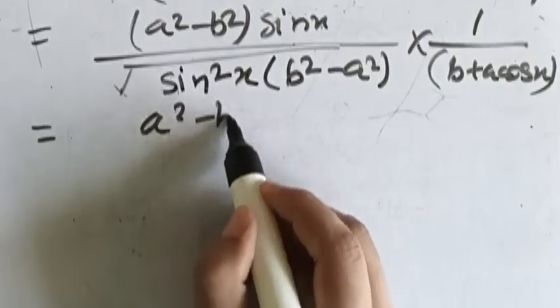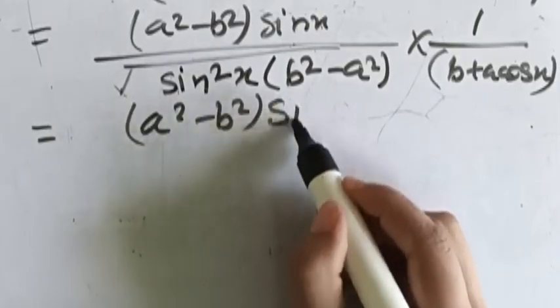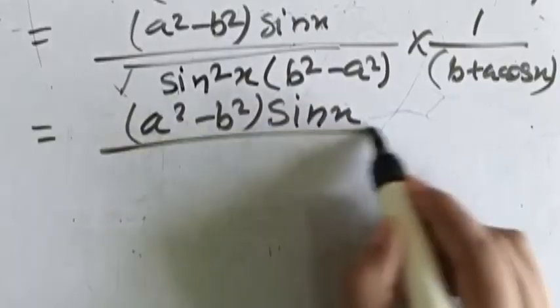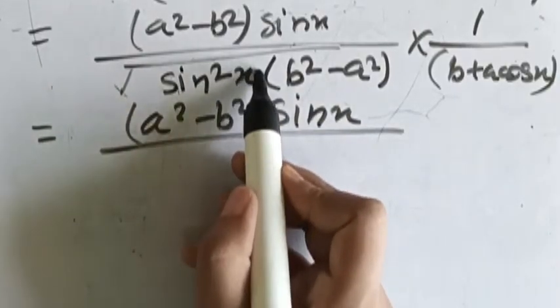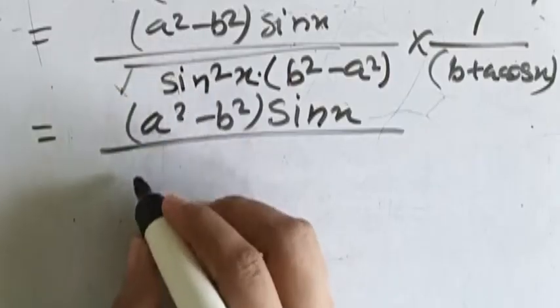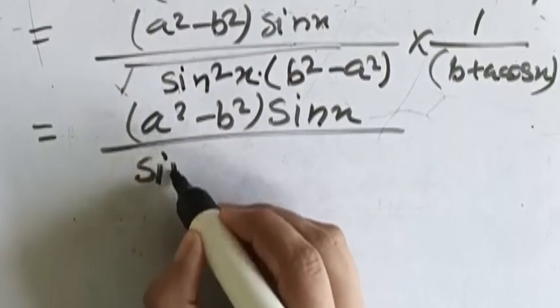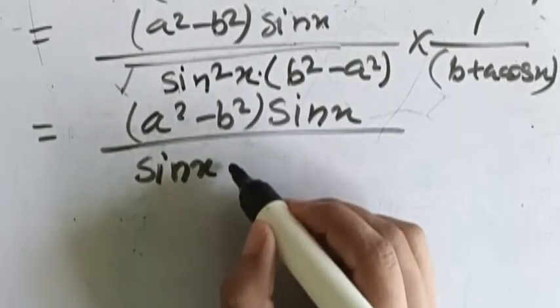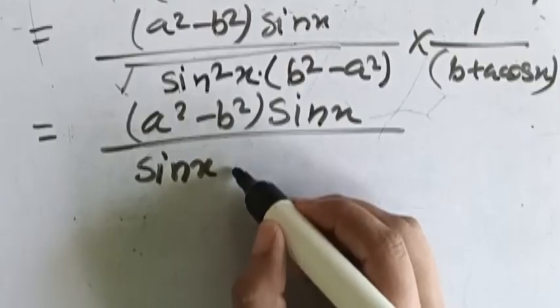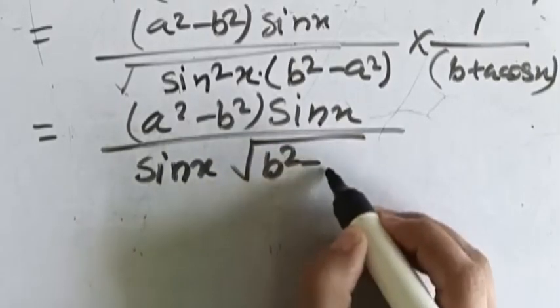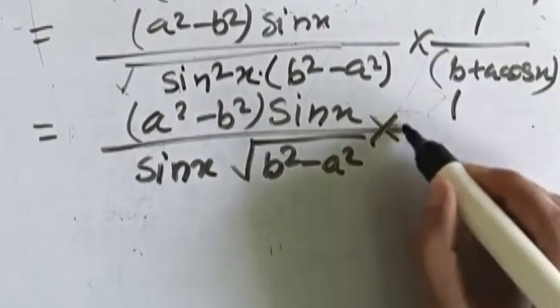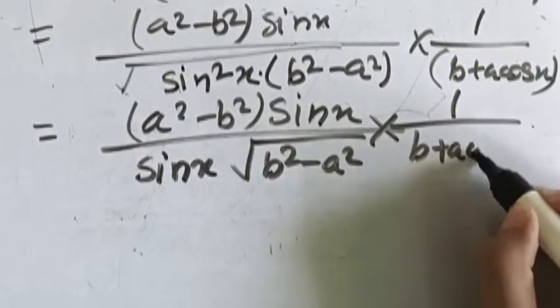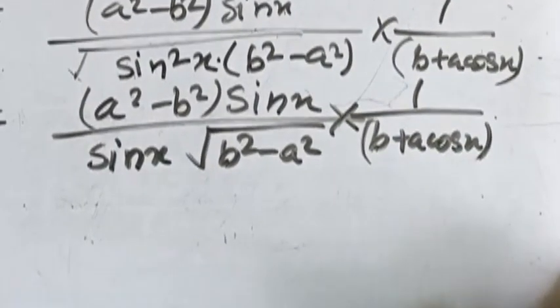Here look, sin square x is in multiplication, so it will get out of the root, so it will become sin x, and under root we are left with root under b square minus a square, right, into 1 upon b plus a cos x. I hope you understand it properly.